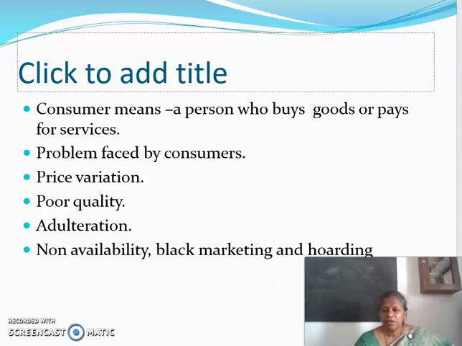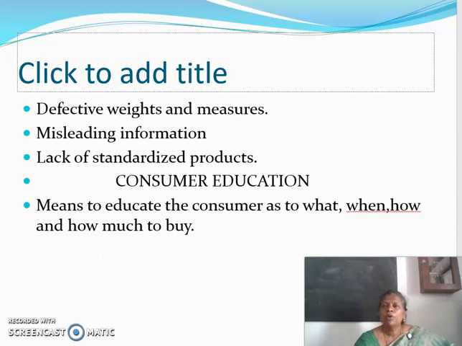That is called non-availability, black marketing or hoarding. Hoarding is nothing but creating artificial scarcity for the product themselves, stating that the product is in demand, so you have to buy it even if it is sold at a very high cost. In that case, the consumer faces a problem, and there is a need for consumer education there.